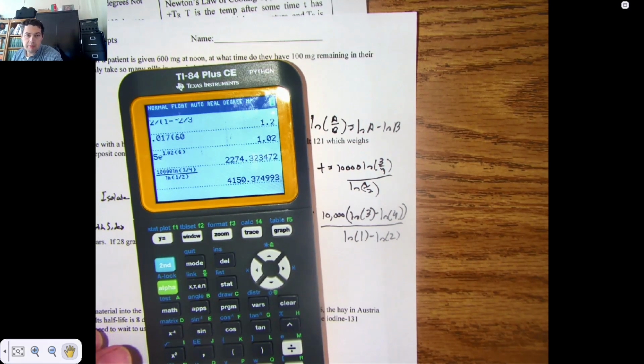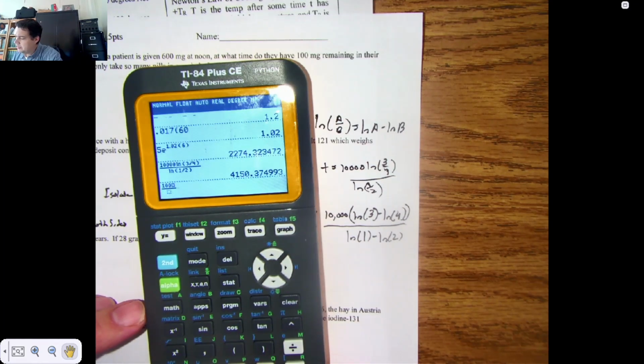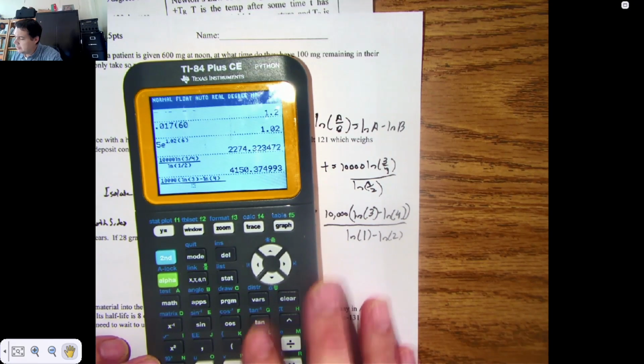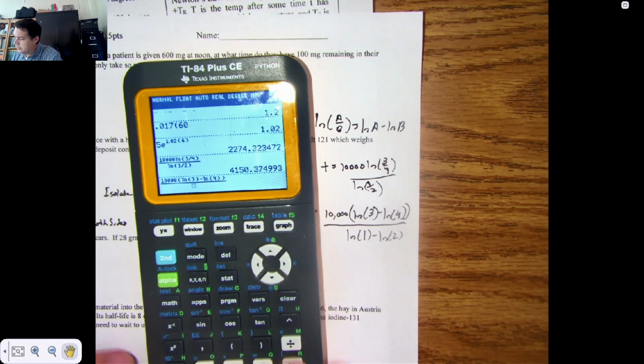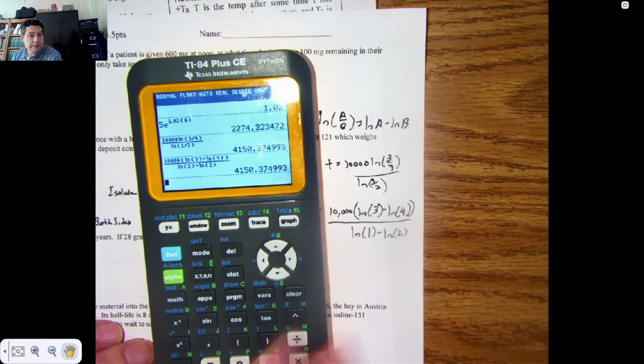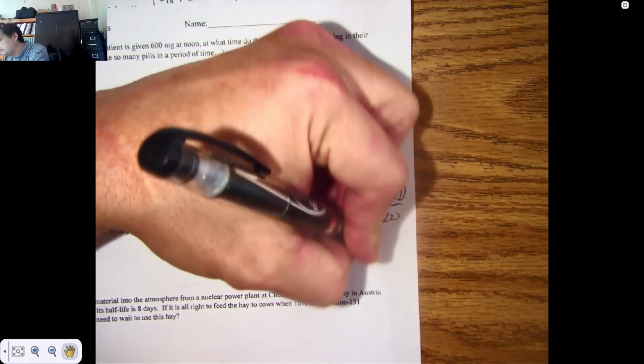There's your time, roughly 4,150 years. And the other way I typed it in was 10,000, set of parentheses, ln3 minus ln4, sitting over ln1 minus ln2. And they're the same thing. The time is about 4,150 years.